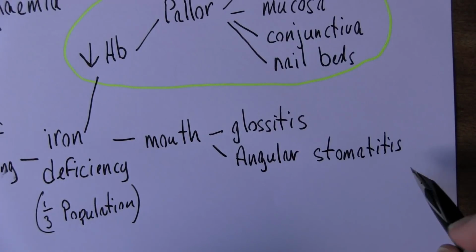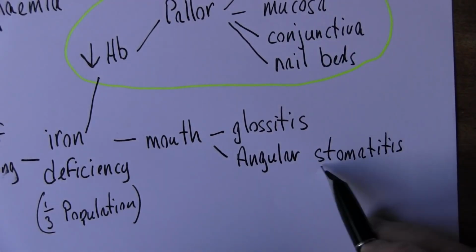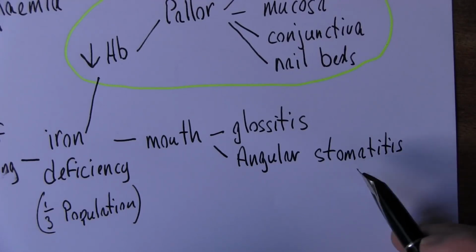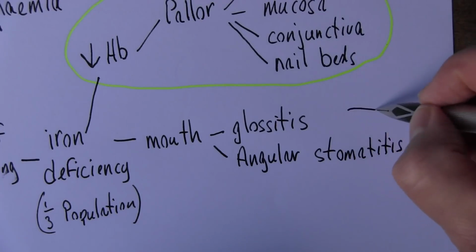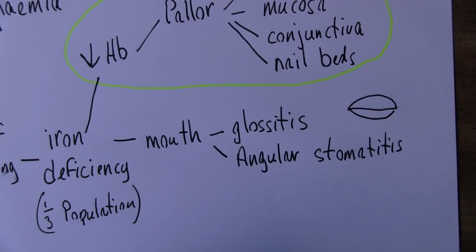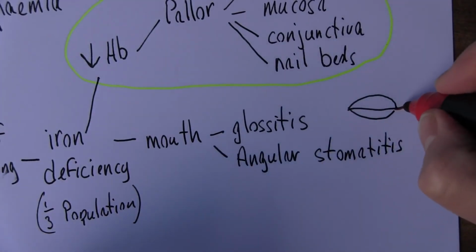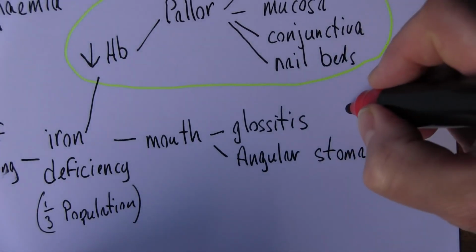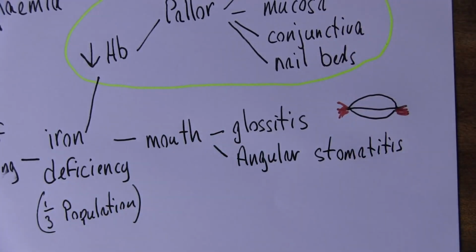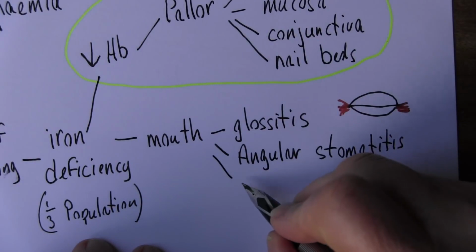Now, itis means inflammation of. Stoma actually relates to opening. Of course, the mouth is an opening. And what you see particularly, if this is the mouth here, these are the lips. What you see particularly is inflammation at the corner of the lips there, like that. Angular stomatitis. And also affecting the mouth, mouth ulcers are more common.